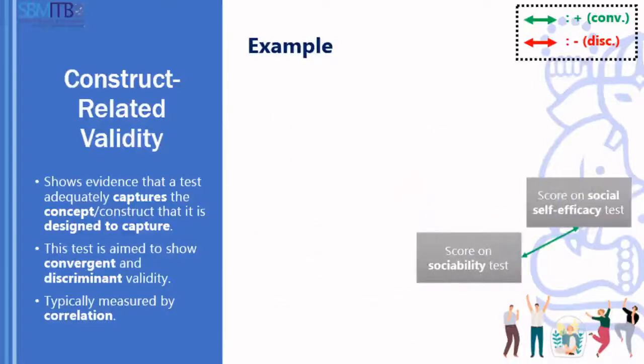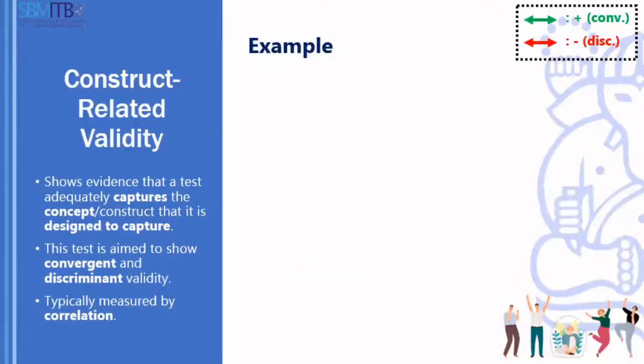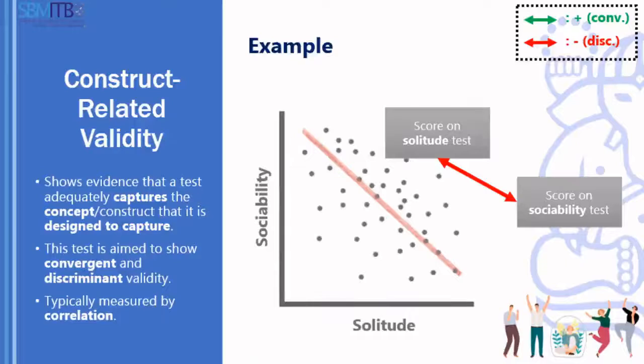Similarly, the relationship between sociability and social self-efficacy scores will also show positive correlation, since it corresponds with convergent validity. As for relationships that correspond with discriminant validity, such as solitude and sociability, they should show negative correlation, as illustrated in the graph.